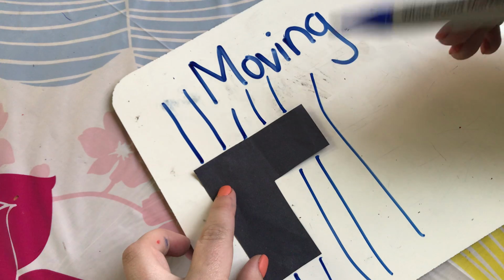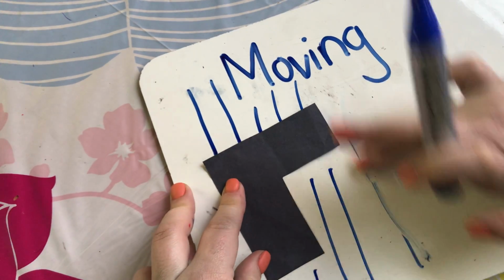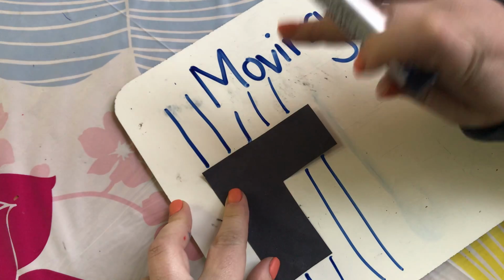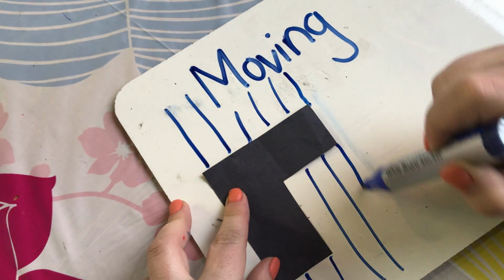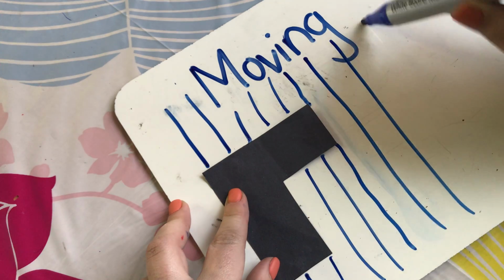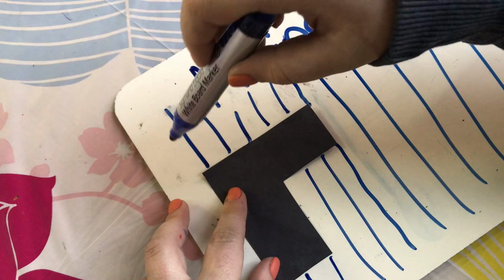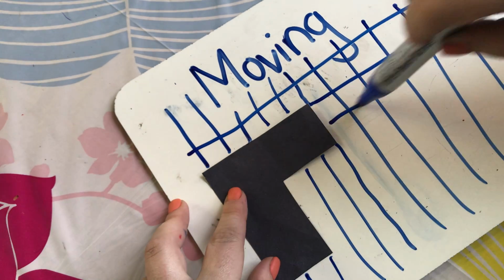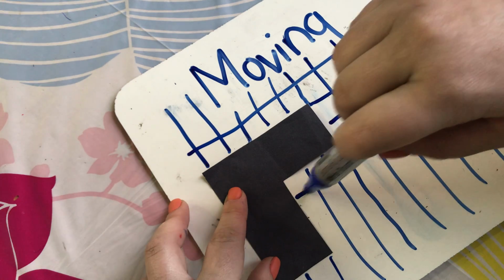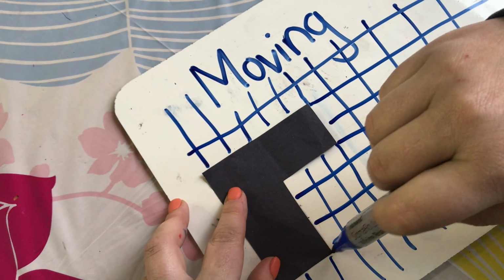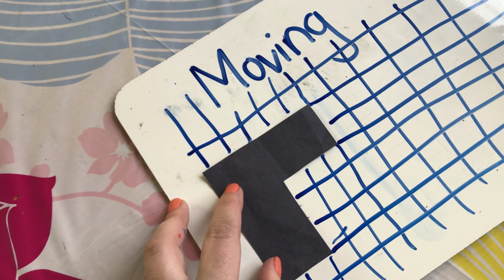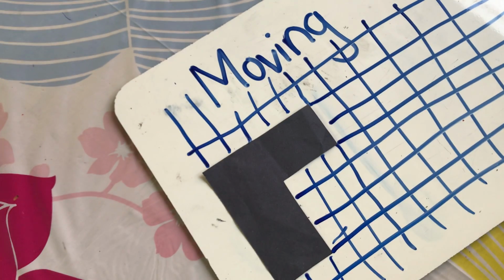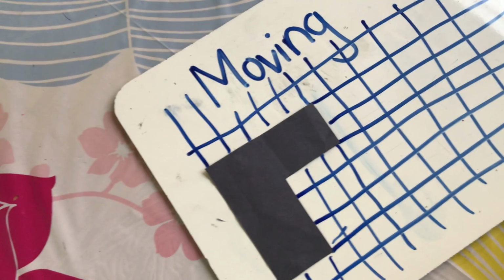So, that needed to end here. Okay. Let's say this is my grid. Now, when we move a shape, it's always important to choose one point that you want to work from.